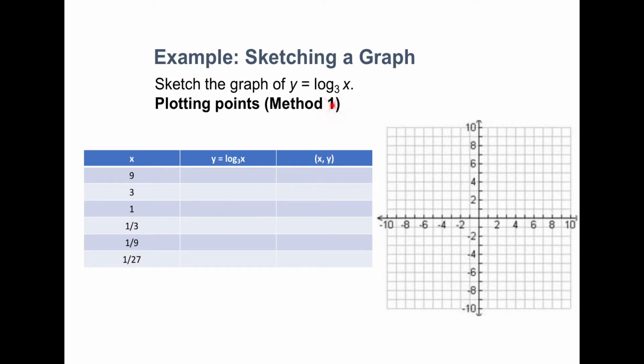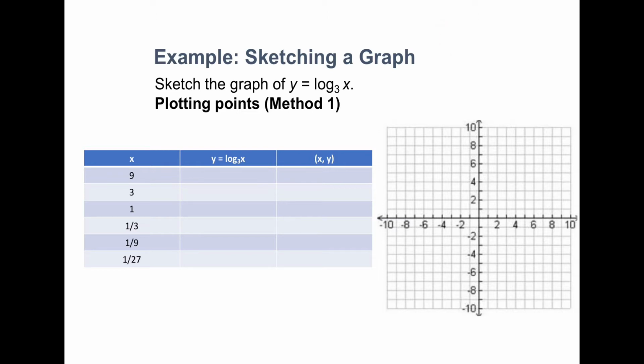Now, I chose these very specifically because 3 is my base. If 3 is my base, then what I'm inputting here, I want to be an outcome of raising that base to a power. So, for example, let's look at my first input here, which is x equal to 9.